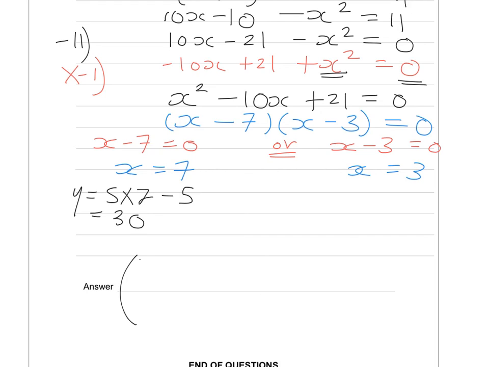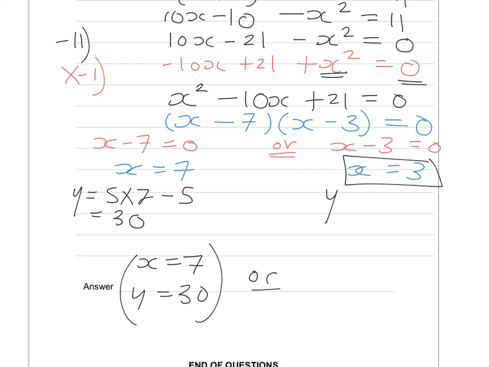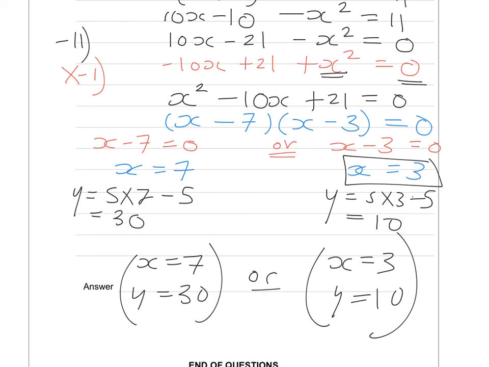So one answer is x equals 7 and y equals 30. And the other possibility, if we use this value here, x equals 3, y equals 5 times 3 take away 5, which is 15 take away 5, which is 10. So the other possibility is x equals 3, y equals 10. Paired up. So the answers are written as two separate pairs.